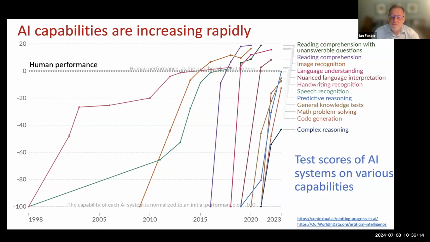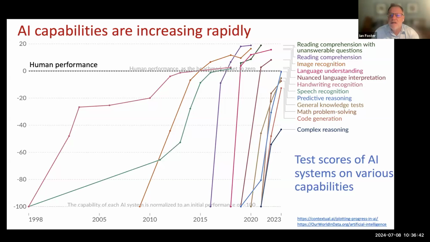So these are somewhat approximate measures, but nevertheless, it is impressive to see how quickly, relative to various measures of human performance, AI methods have improved in capability, and in some cases, in things like handwriting recognition, language understanding, and image recognition, are performing better than ordinary humans, not necessarily human experts, but ordinary humans.